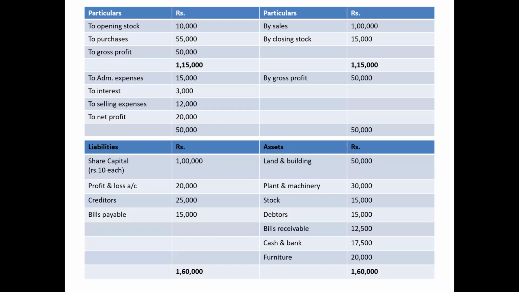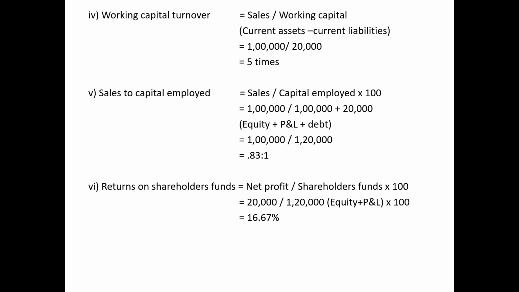So we'll pick up both. If there were debentures, you would have picked that up also. If there was a loan, you would have taken that also. Complete capital employed, right? But here that is not given, so you'll pick up what is given. That is 1 lakh plus 20,000. You'll put it in the formula and you'll calculate 0.83 is to 1. You get your sales to capital employed ratio, right?